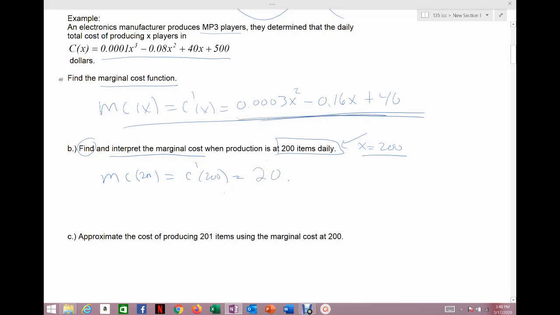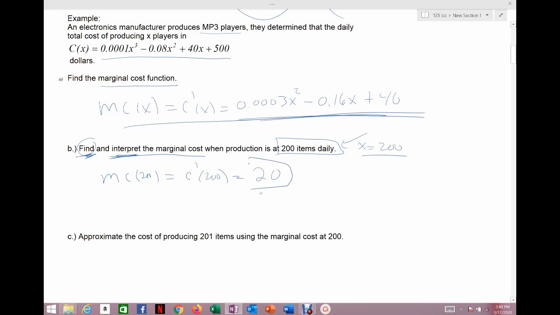Now, that's just the find part. Now, the interpret part. The interpretation is important because we're no longer looking at a derivative as a rate of change. We're now looking at a derivative as an approximation of an additional cost value.